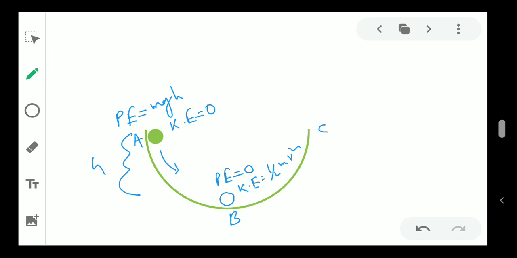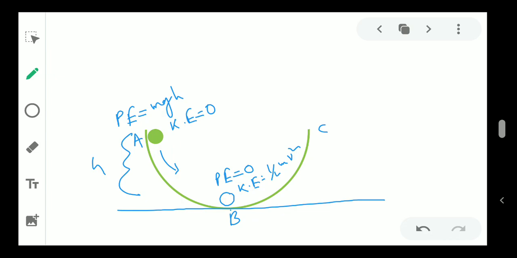If v is the velocity, we are again calculating the kinetic and potential energy with respect to the bottom of the bowl. Now the whole potential energy has been converted into kinetic energy.